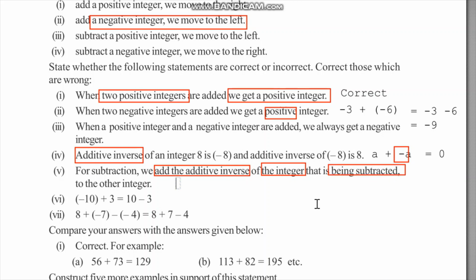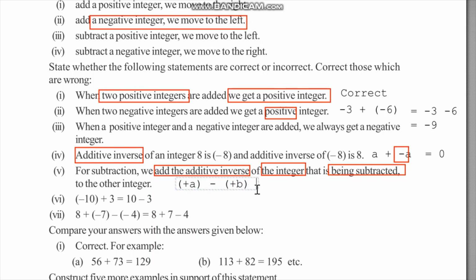They are saying for subtraction. Let us take an example where we are subtracting b from a. So this is actually what this is saying: we are subtracting plus b from plus a. For subtraction, we add the additive inverse of the integer that is being subtracted. So what is the additive inverse of plus b? It is minus b.